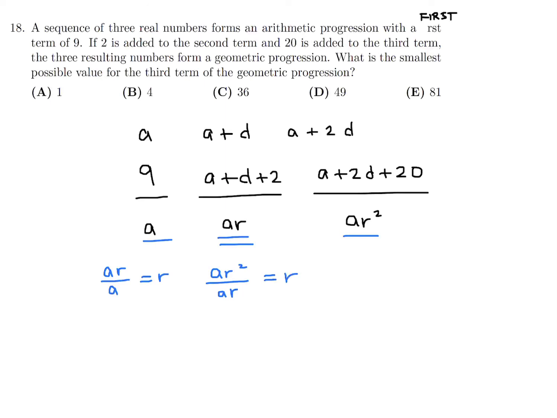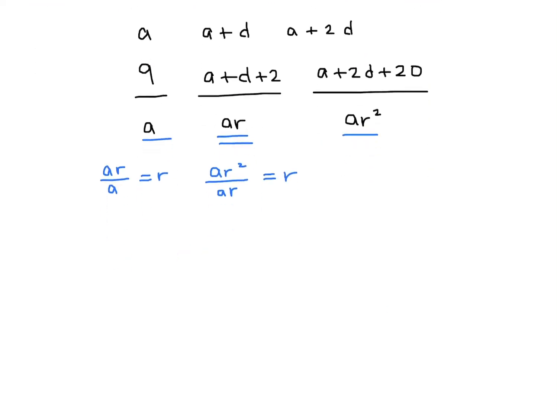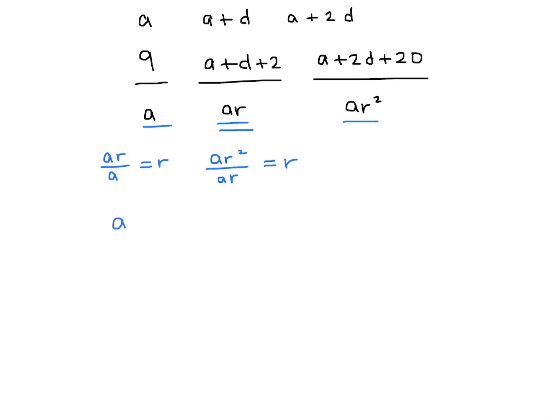That would also just leave R. So let's do that, but using these terms, since they are indeed a geometric progression. So that means that A plus D plus 2 over 9 is equal to some R. Okay, we don't know what R is. And then similarly, that over that will also be R.